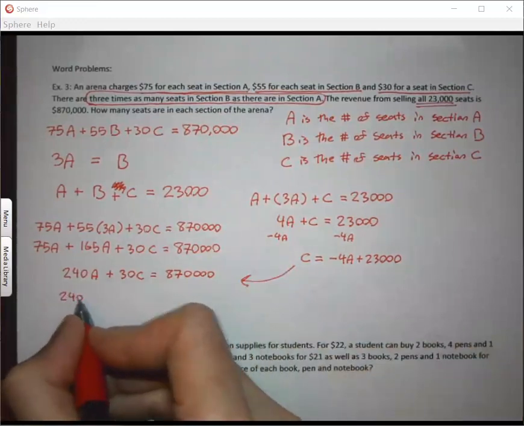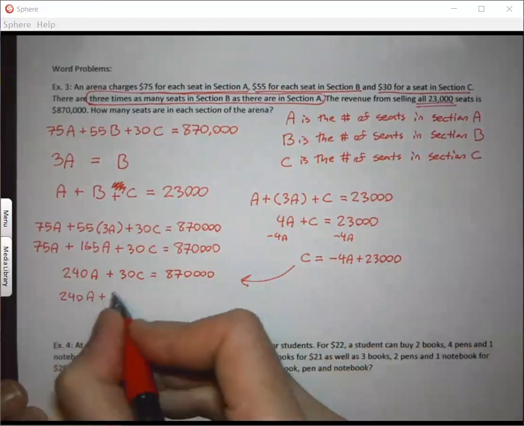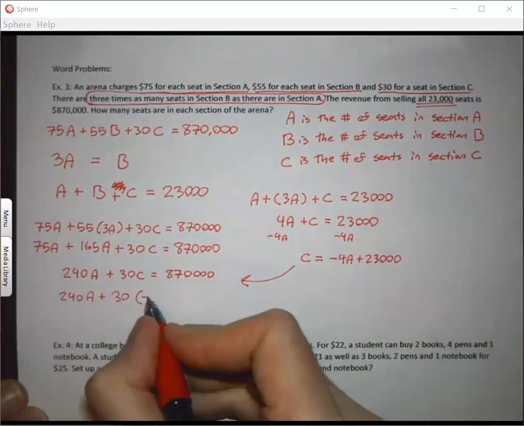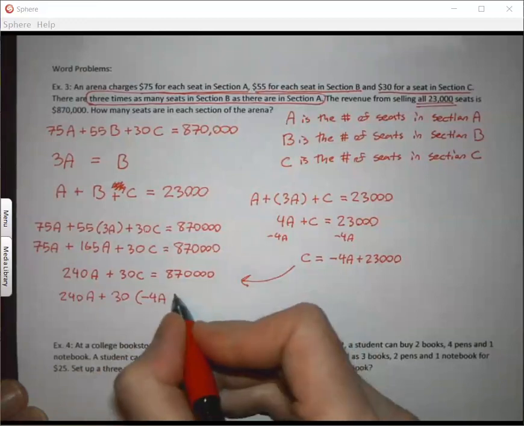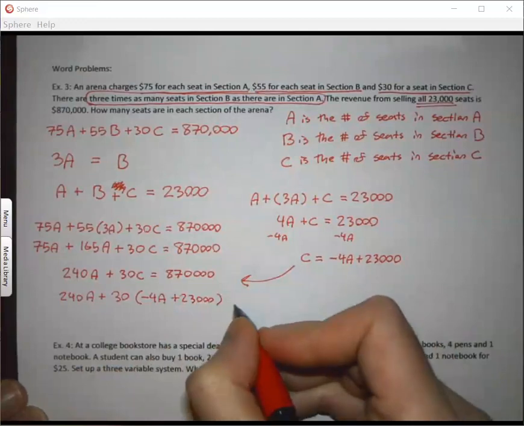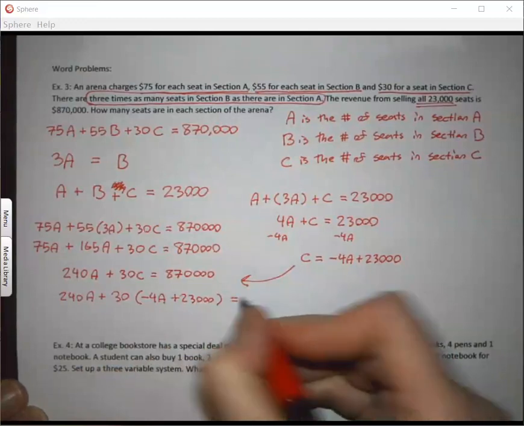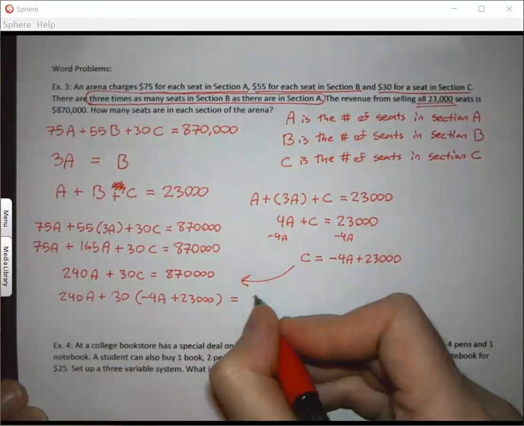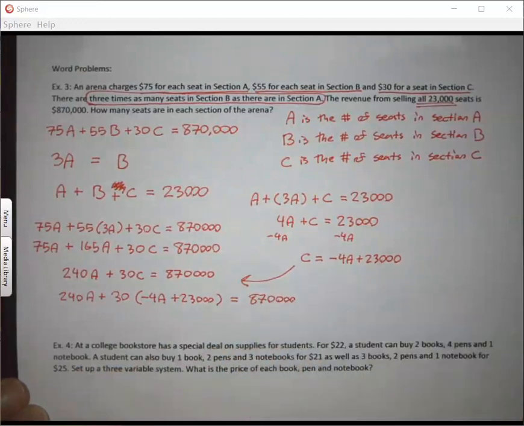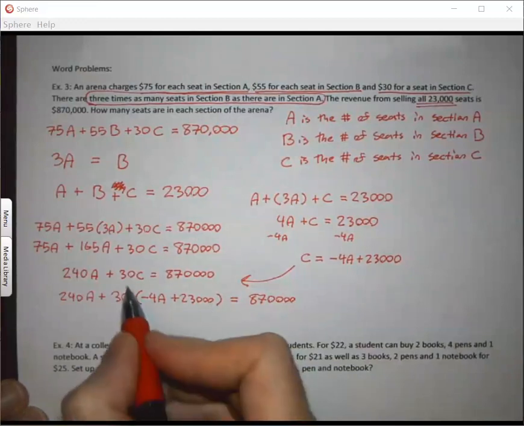So 240a plus 30 times c, which is negative 4a plus 23,000, is equal to 870,000. So I'm going to simplify.